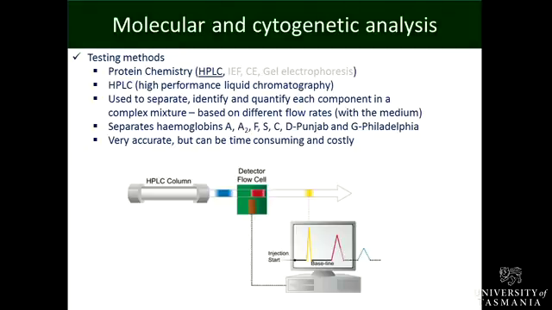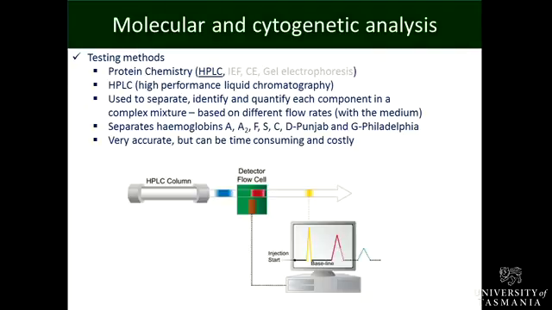The thing with this is it's very accurate, but it's time consuming. You have to have a nice, good, pure sample, otherwise you're going to get contamination. You have to have a really expensive piece of equipment to do it. But it's highly accurate. So big labs all over the world that have lots of money do this because of the fact that it's just so highly accurate.